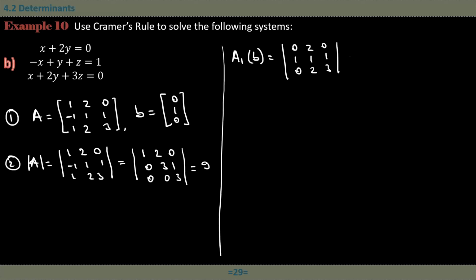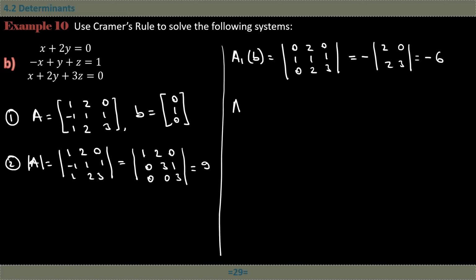Okay, now here we have 2 zeros. Let me compute this determinant using the first column. So here we have -1, and delete this row and this column. So here we have 2, 0, 2, 3, which is equal to minus 6.